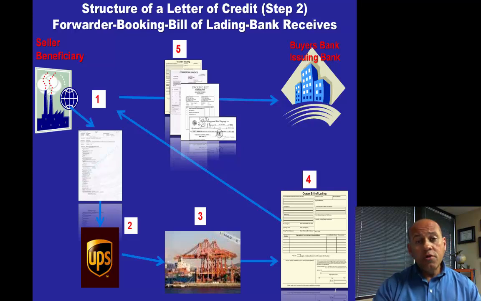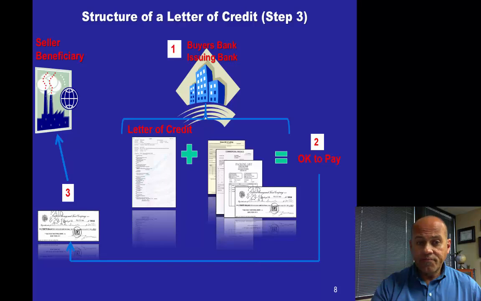Their freight forwarder, looking at those terms and conditions, will then make the specific booking that will get the goods there within the date specified. They will generate the bill of lading. Then that bill of lading will go back to the seller and be part of the document set that will eventually go to the buyer's bank, or the issuing bank, for ultimate acceptance.